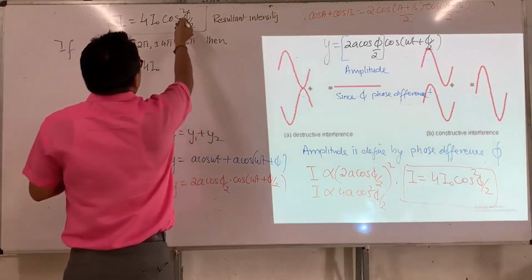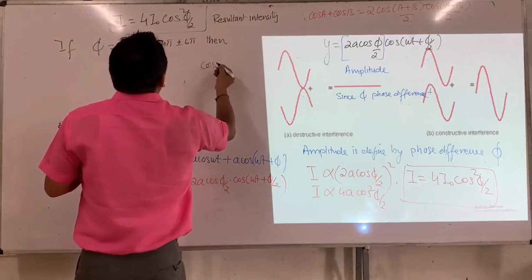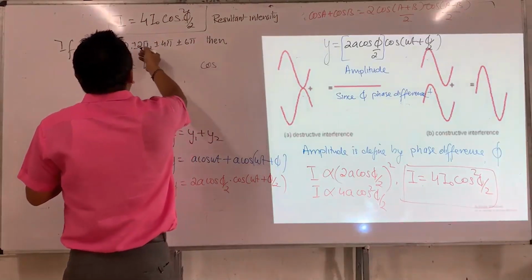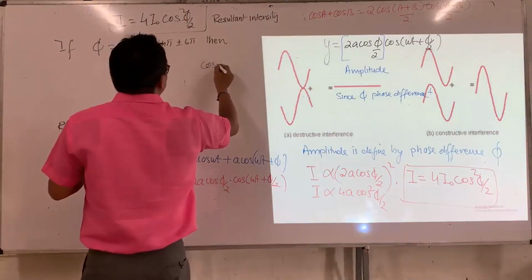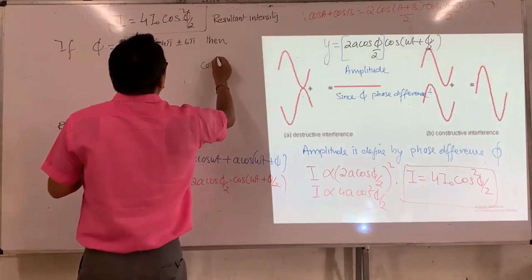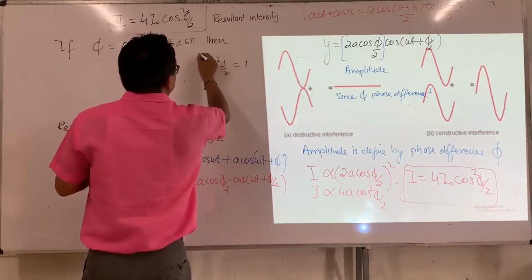Why? Because cos 2 pi is going to be 1. All of these are going to be 1, so cos square phi by 2 is going to be 1.